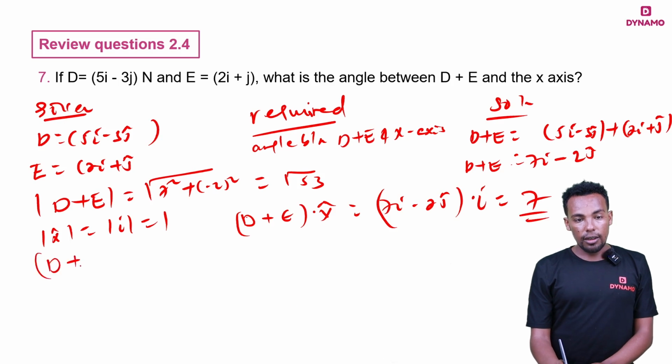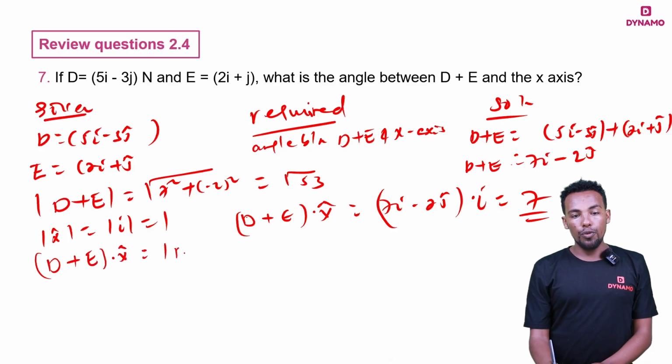D plus E dot with I is the magnitude of D plus E times the magnitude of I times cos theta.